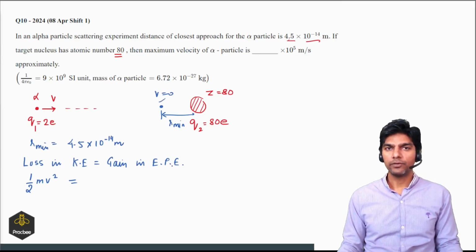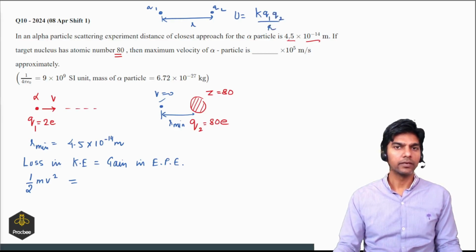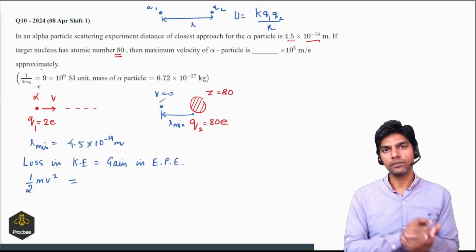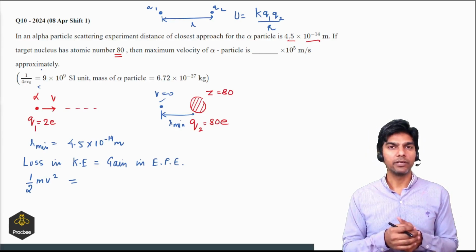For the gain in electrostatic potential energy, you must have seen this formula. If there are two charges, Q1 and Q2, separated by a distance r, then the electrostatic potential energy is given as K Q1 Q2 by r. We are going to use this formula, and since we have assumed the initial separation between the nucleus and the alpha particle is quite large, the initial potential energy will be nearly 0.